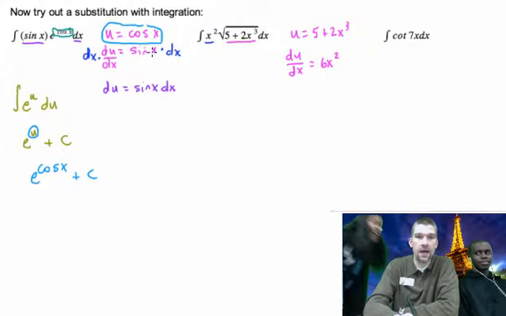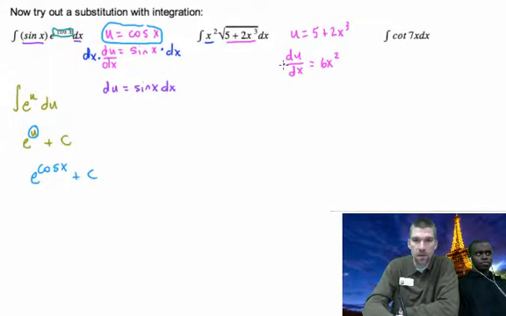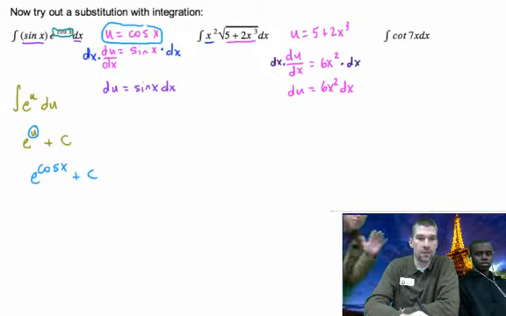And so what we want to have is this dx inside of our integral. So we're going to go ahead and multiply both sides by dx. And that's going to end up giving us du equals 6x squared dx. Okay. Now, what kind of integral situation is happening?